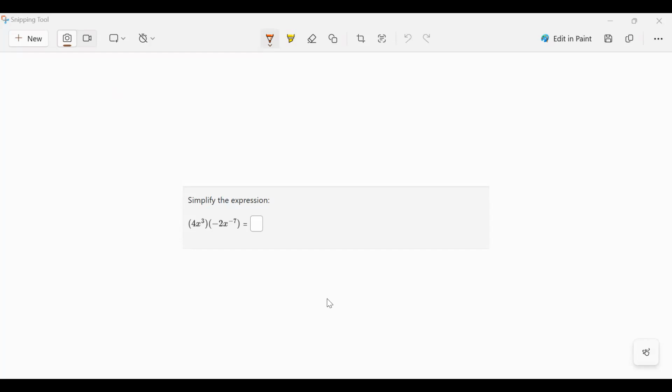And let's go over the solution. So multiply 4 and negative 2 and get negative 8. But x will be x to the 3 times x to the negative 7, using the multiplication property. So you get negative 8 x to the 3 plus negative 7, right? So it's 3 minus 7, negative 8x to the negative 4 power.